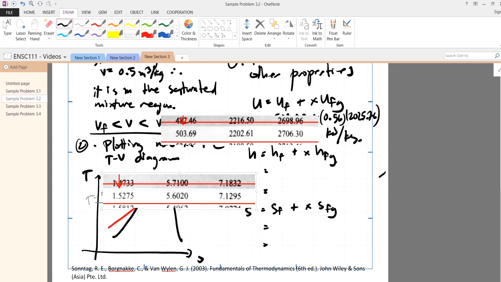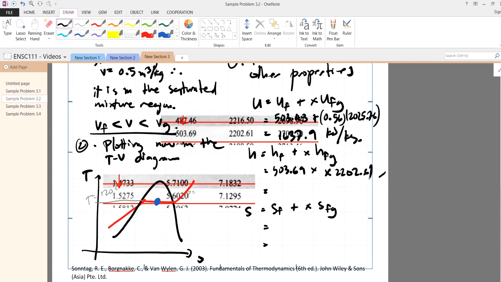So for hf, we have 503.69 plus x times hfg of 2202.61, and for s it is 1.5275 plus x times 5.6020.